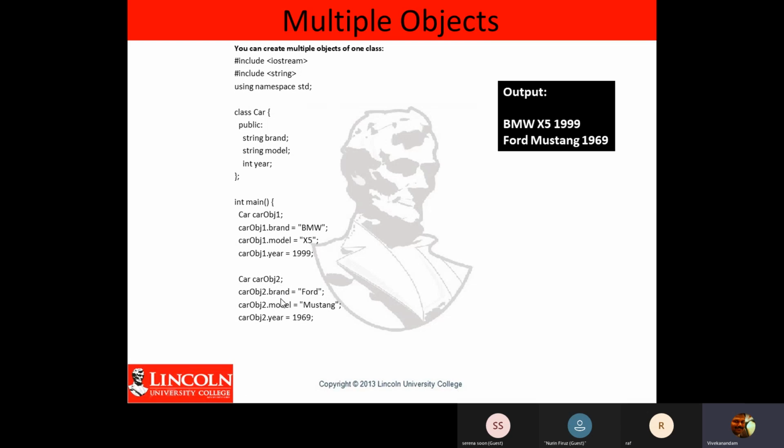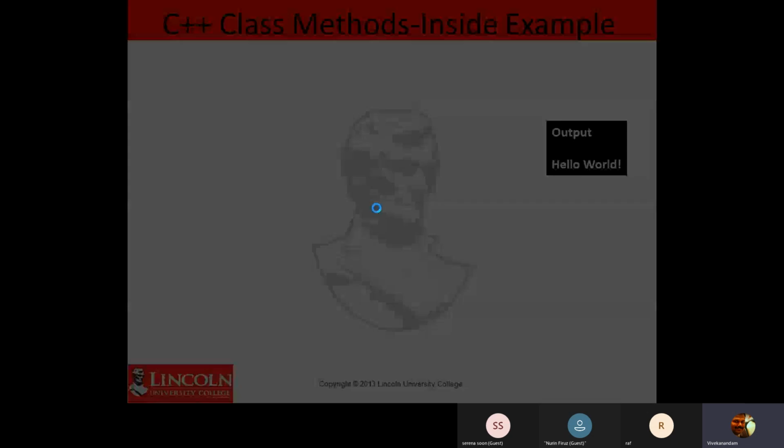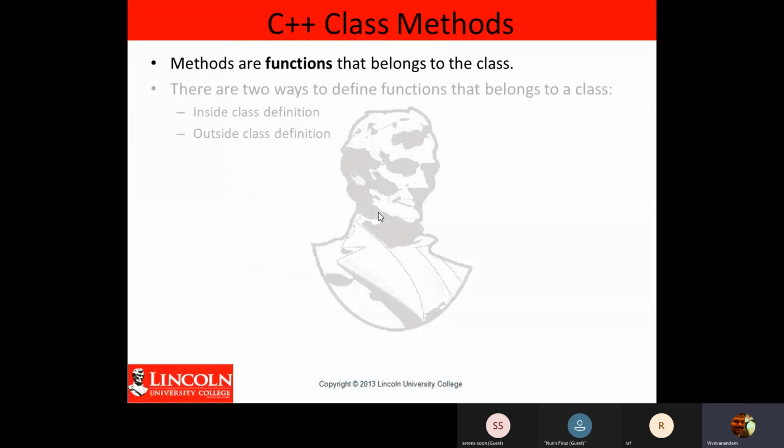Then car object 2, same way. Here object 1, and object 2 created. Then we are going to print the statement here. I'll explain in the slide, then I will show you directly, then we can do all the programs there.